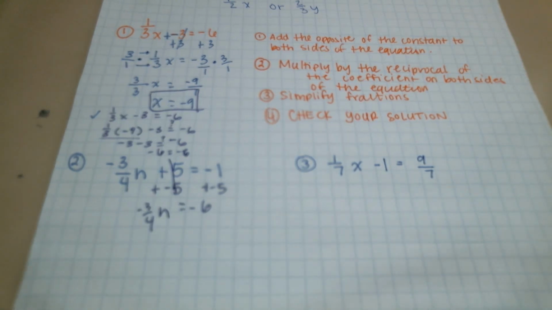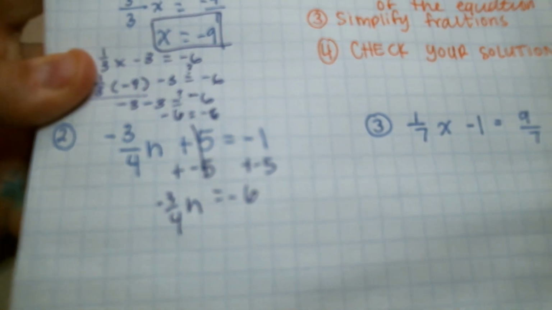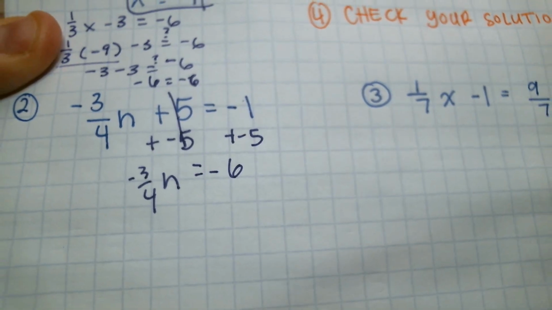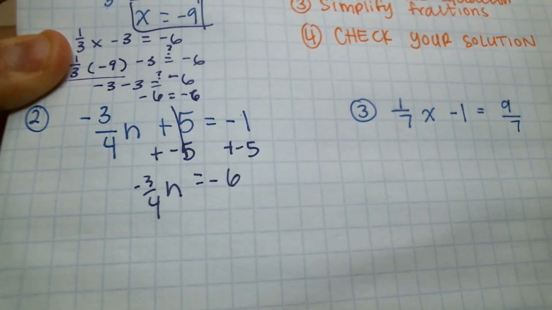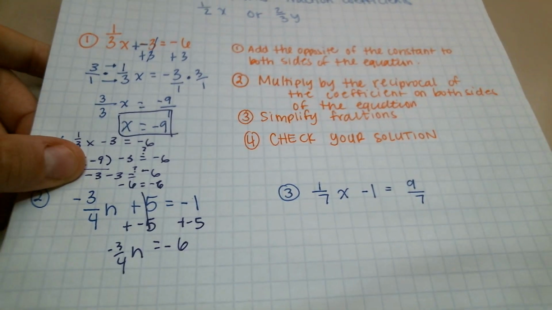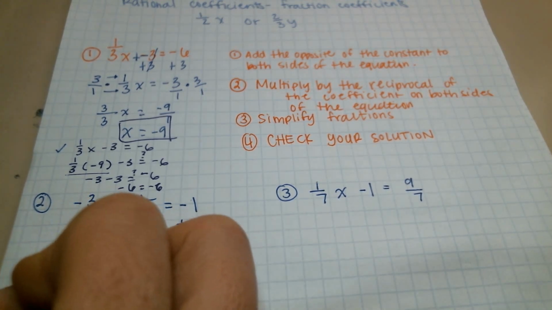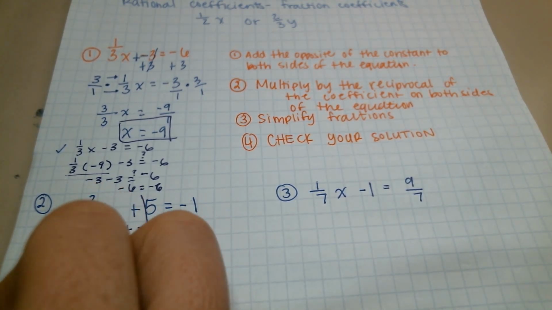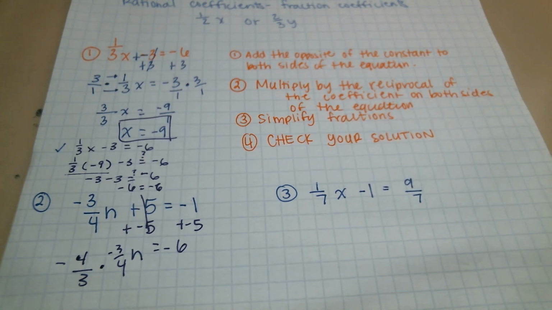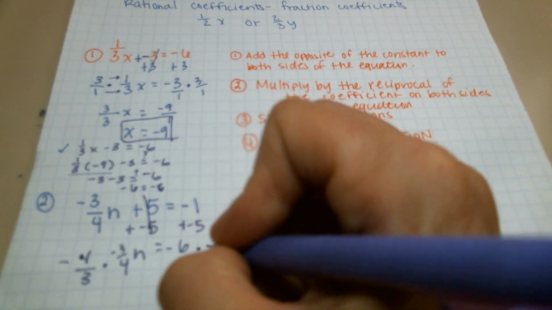Now, I'm going to multiply by the reciprocal of -3/4 n, but be careful, because the reciprocal of -3/4 is -4/3. So we multiply by -4/3. And on the right side of my equation, I'm going to multiply by -4/3.